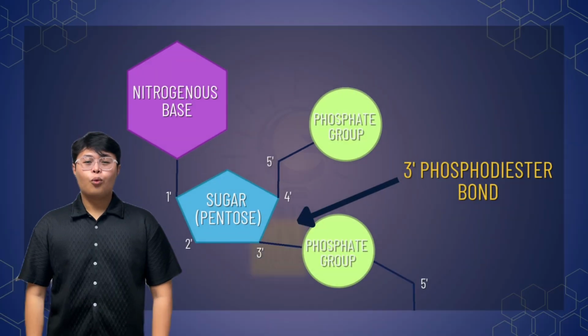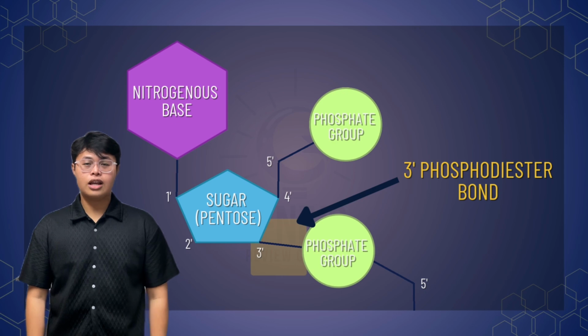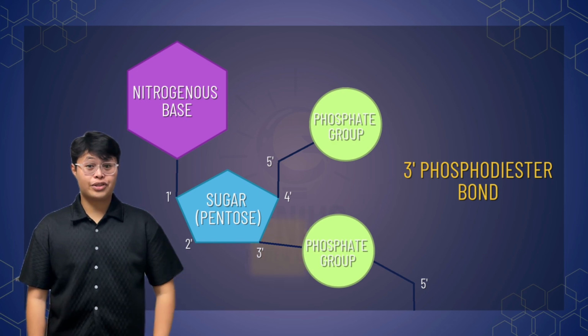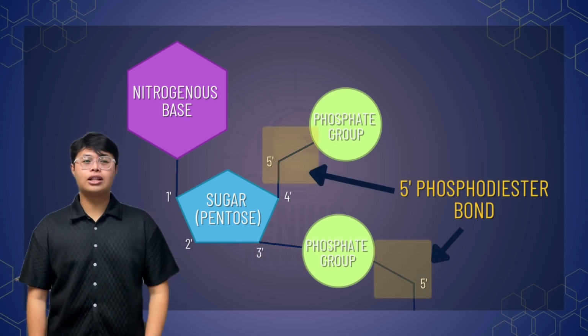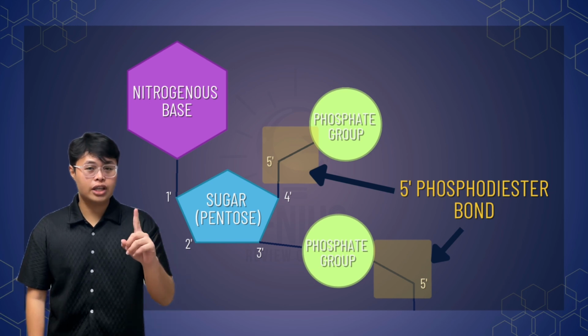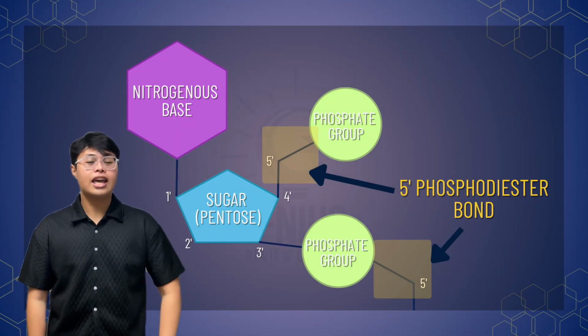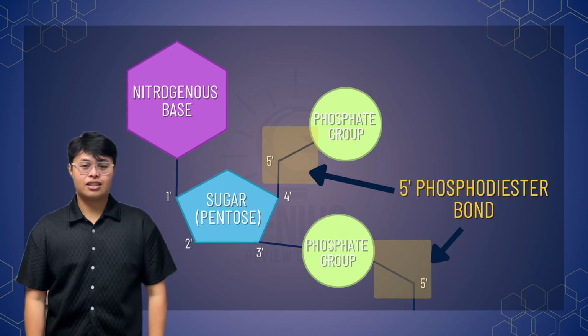Now, let's talk about how these nucleotides connect. When nucleotides link together, they form phosphodiester bonds, which are strong chemical connections between the phosphate group of one nucleotide and the sugar of the next.